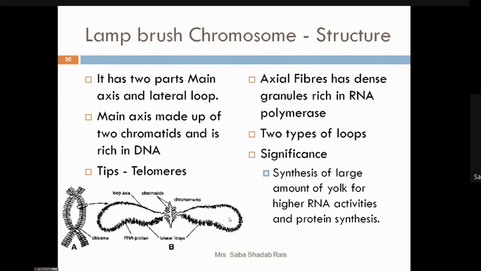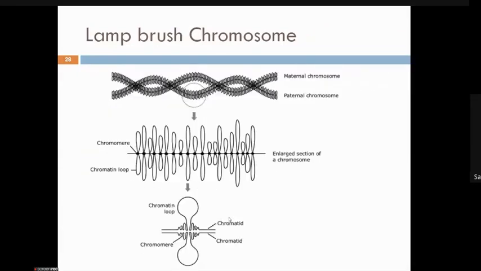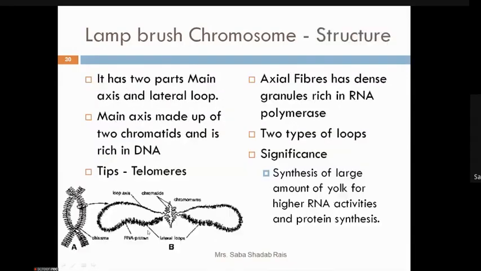The second type of loop is of a special type. They have a symmetrical region with granules at the end of the fibril. Here you can see. The axial fiber is made up of DNA, but it is covered with a matrix rich in RNA and protein.